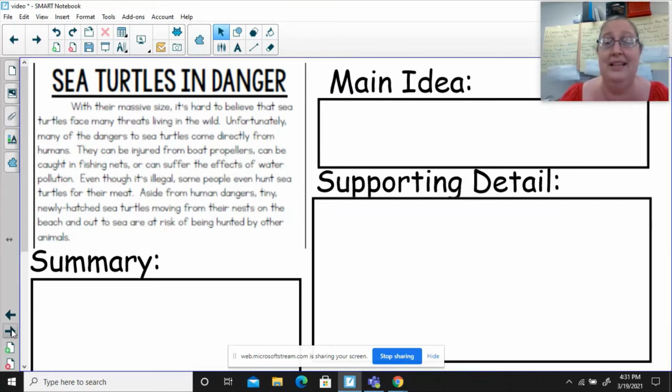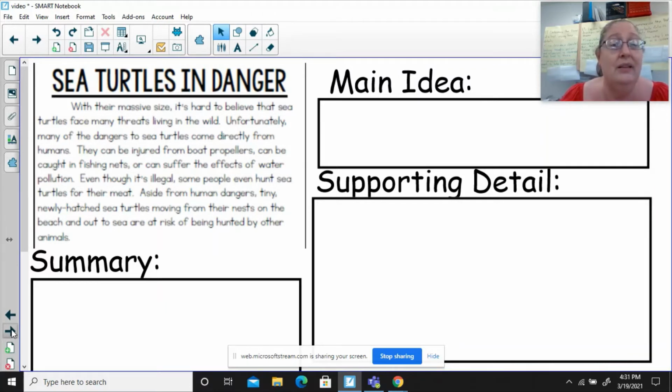Our title here is Sea Turtles in Danger. With their massive size, it's hard to believe that sea turtles face many threats living in the wild. Unfortunately, many of the dangers to sea turtles come directly from humans. They can be injured from boat propellers, can be caught in fishing nets, or can suffer the effects of water pollution.